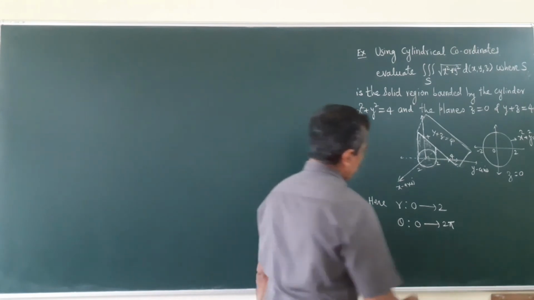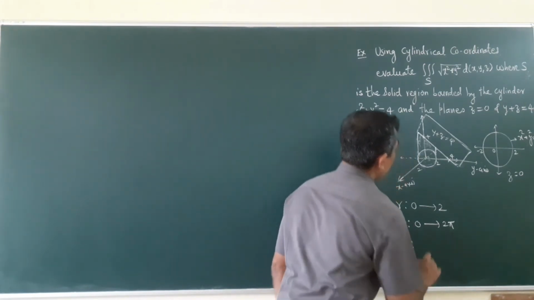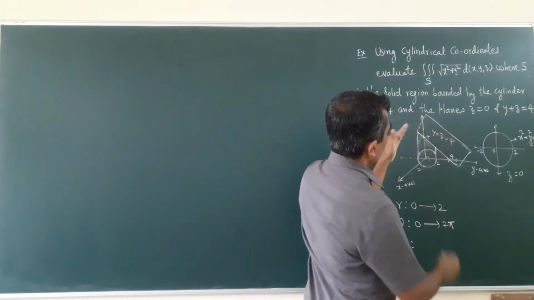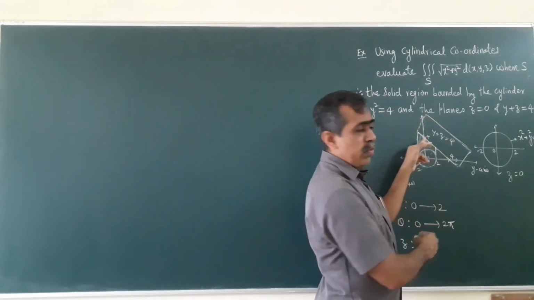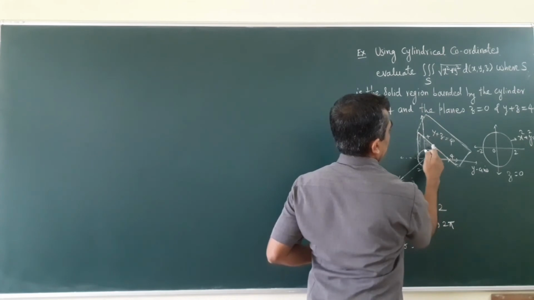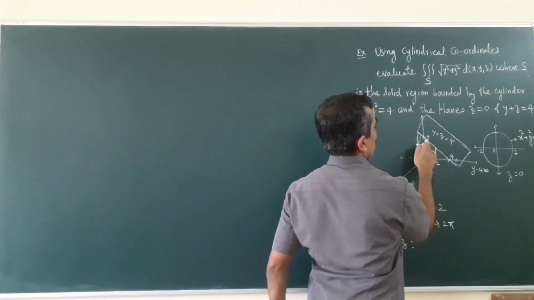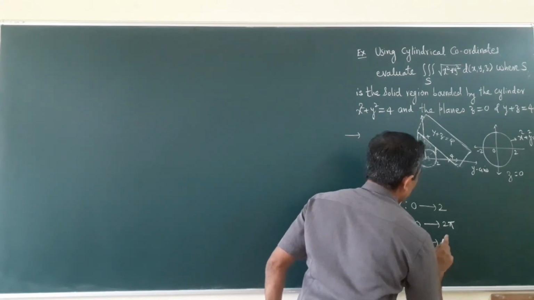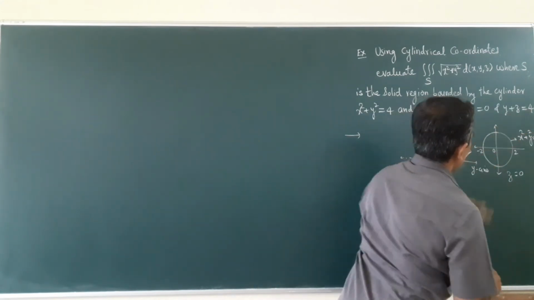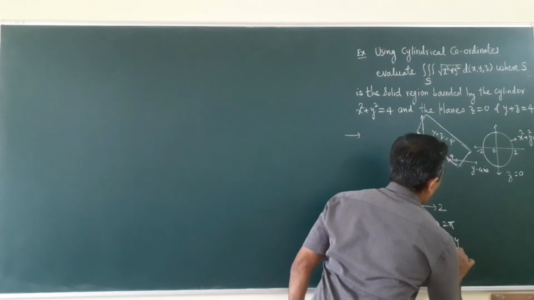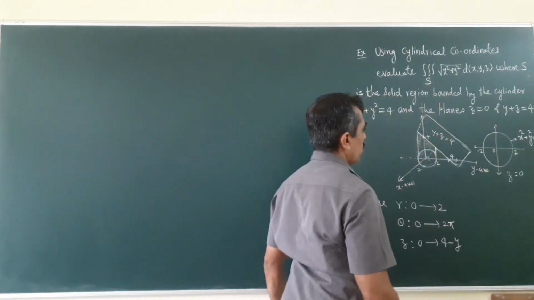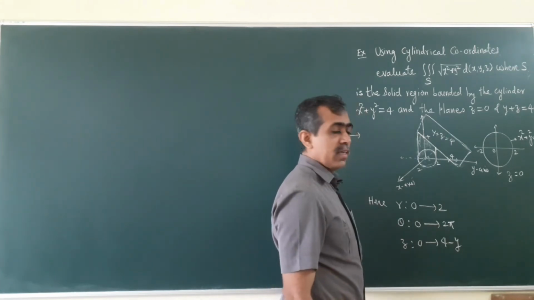Now what about z? Z will run from 0 up to this plane. Here it is at the most 4, but z may be different at different points. So z runs from 0 to 4 minus y, because y plus z is equal to 4. So z is equal to 4 minus y.